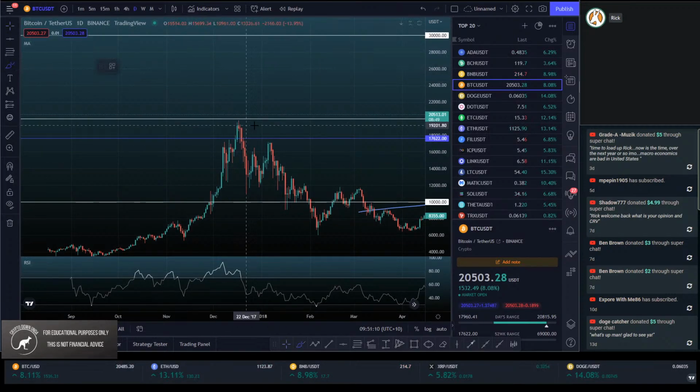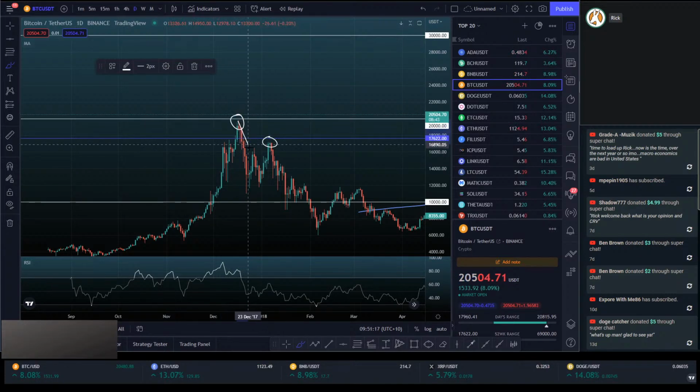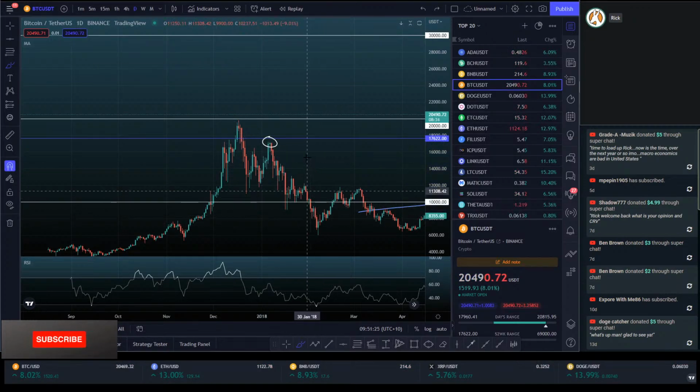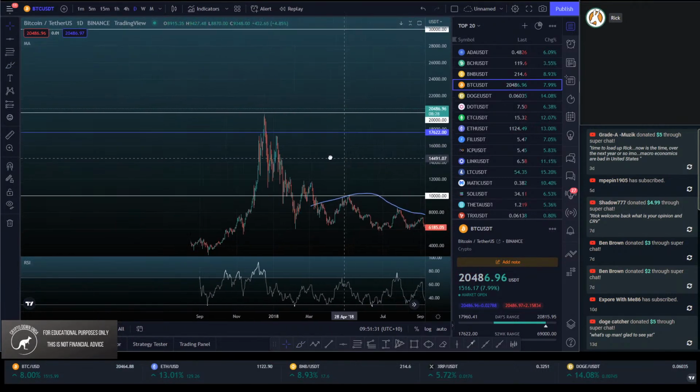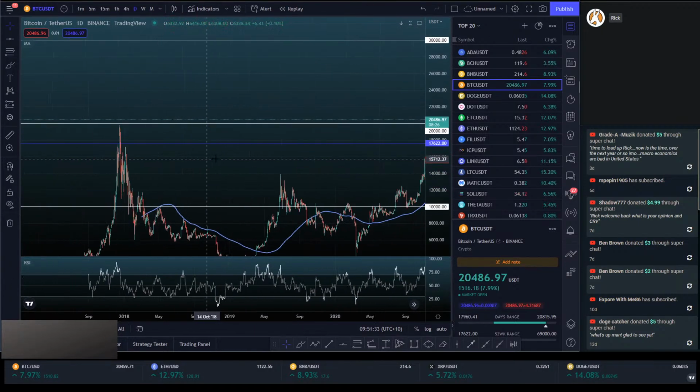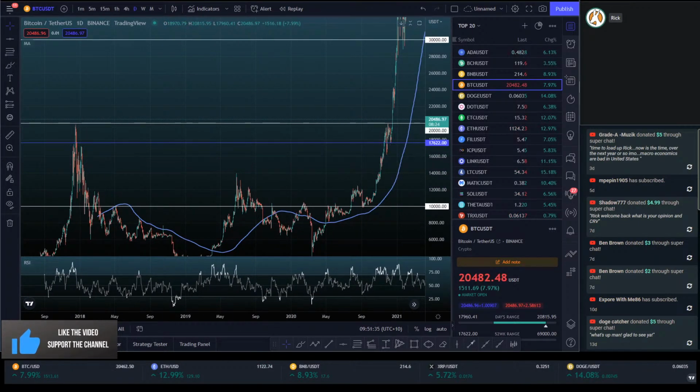Almost got a swing high to that level on this dead cat bounce after the old all-time high. We got a downshift, and then it got rejected at a level. It's not quite on that mark, but it's in the vicinity enough to where it's supplied these levels back here.